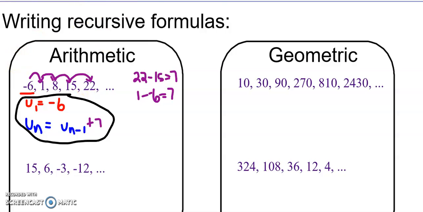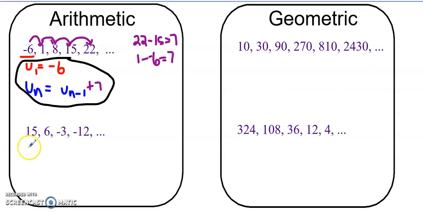So if I'm going to look at the next recursive sequence, I'm going to write the recursive formula. The first number, remember it's not anything to calculate, you just look at the number and it's 15. So then I have to figure out u sub n is equal to, and I'm always going to have u sub n minus 1.